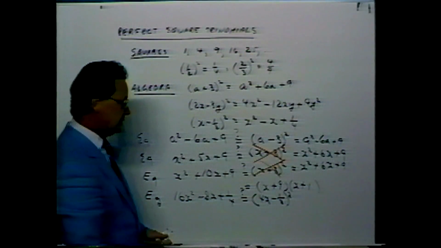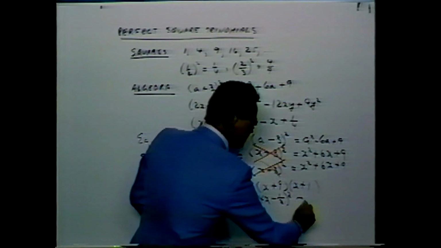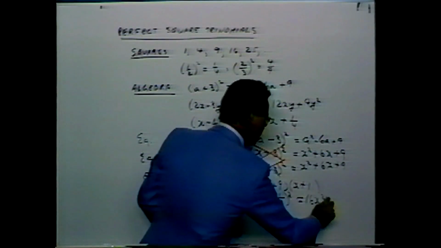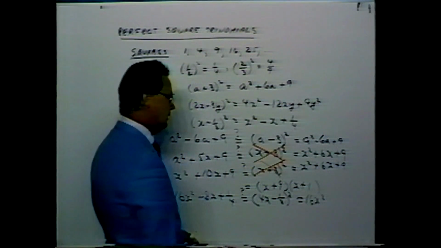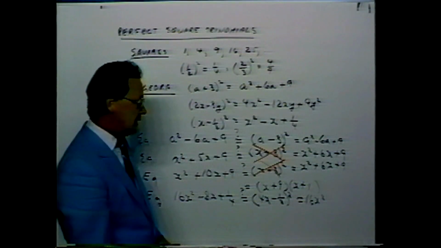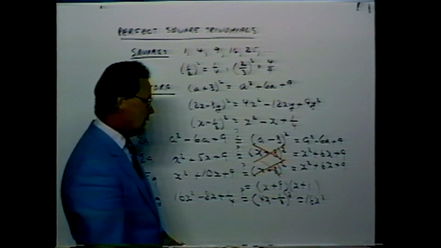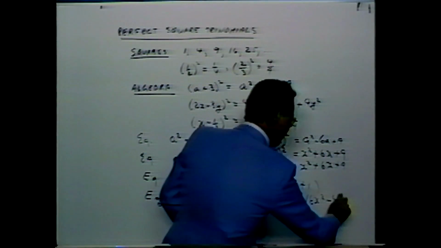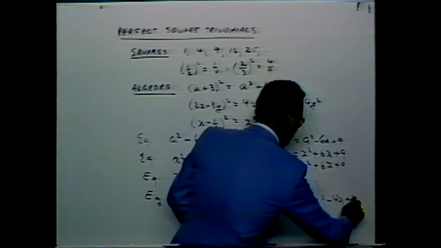If we expand this to test our solution, we get our 16x squared. If we multiply the rest of it out and obtain the middle term, it happens to be double 1/2 of 4, and it amounts to minus 4x plus 1/4.